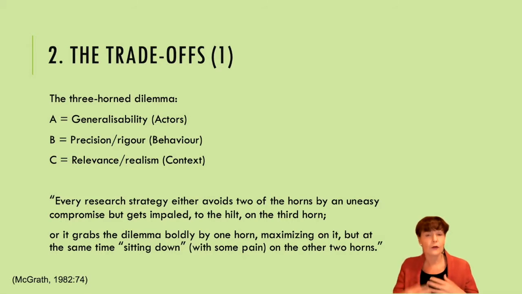So what you can do is compromise between two of them and forget about the third, or focus on purely one of them and then forget about the two others. So this might still seem a little bit abstract. So in the next slide, we'll look at how to improve one of the three and the trade-off you're facing with the others.